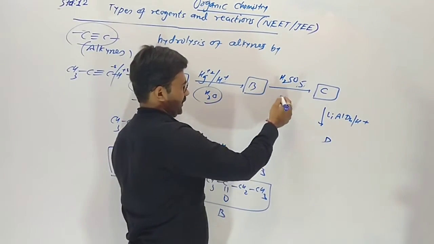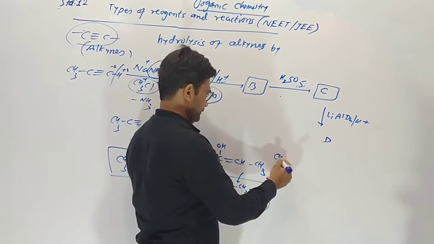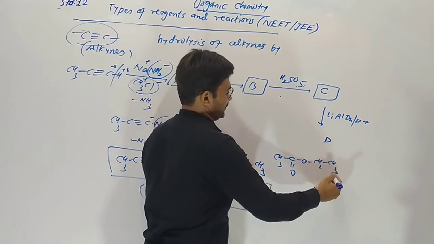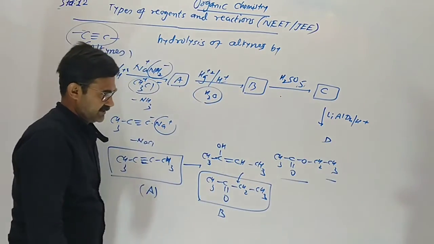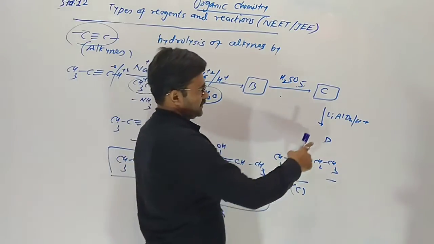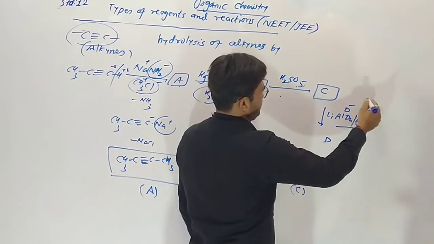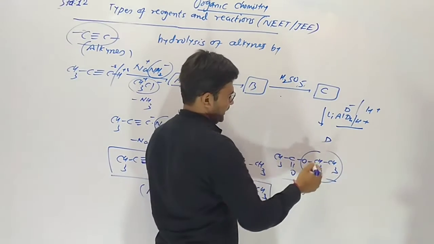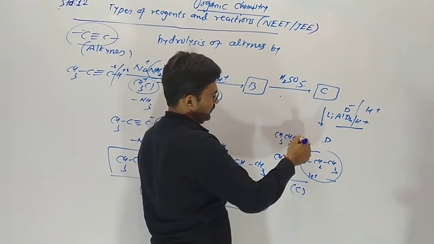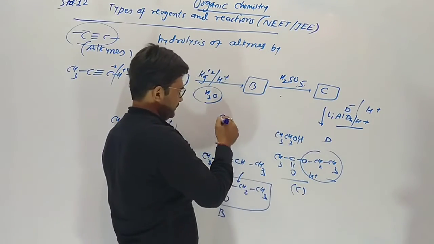Now H2SO5. One oxygen adds here. So it gives an ester, ethyl acetate. This is C. Now reduction. D minus and H plus. H plus attacks here. So removal of ethanol. And D minus here.